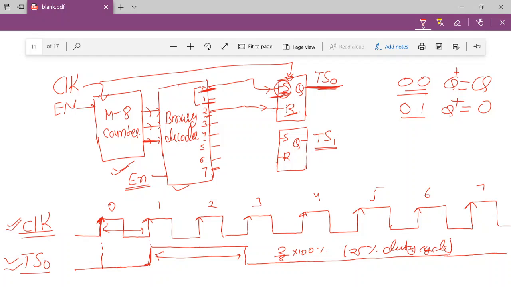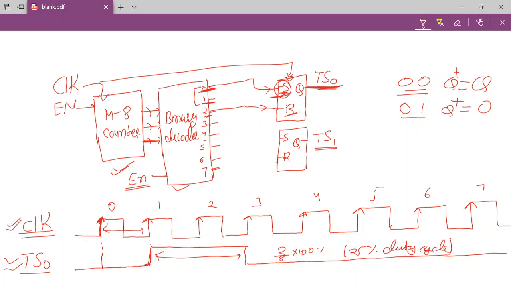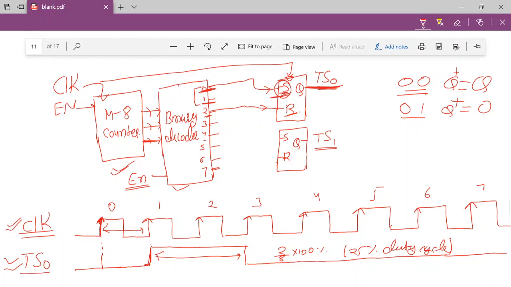Fine. Now I want to produce a signal with 50% duty cycle. I think you should be able to analyze what you can do now. The point is you have to apply the inputs S and R such that your TS1 changes only after 4 clock cycles. So there should be a gap of 4 clock cycles between S and R, right?